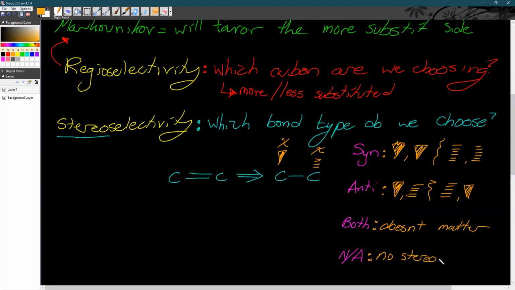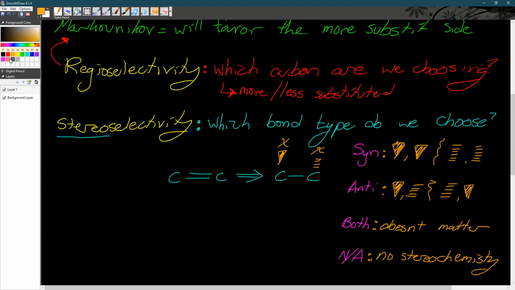Okay. So what we're going to find is that some of these alkene reactions that we're going to be coming across don't actually generate any stereochemistry whatsoever, so we can't even describe stereoselectivity for it. Okay, there's only a few reactions that are like that. The majority of these are going to be pretty straightforward, but you know, it is what it is.